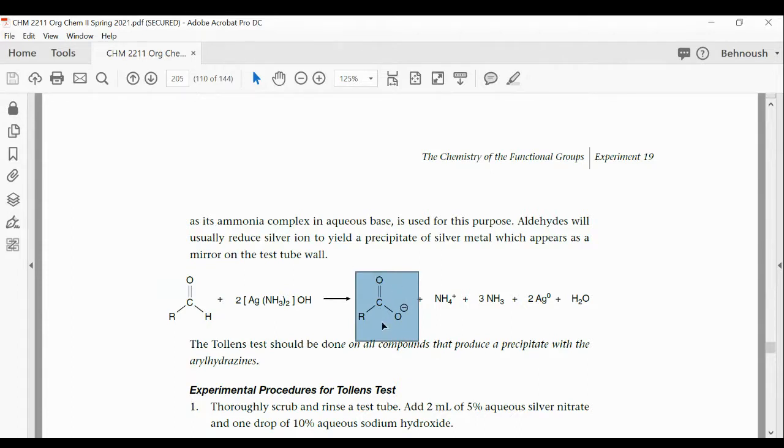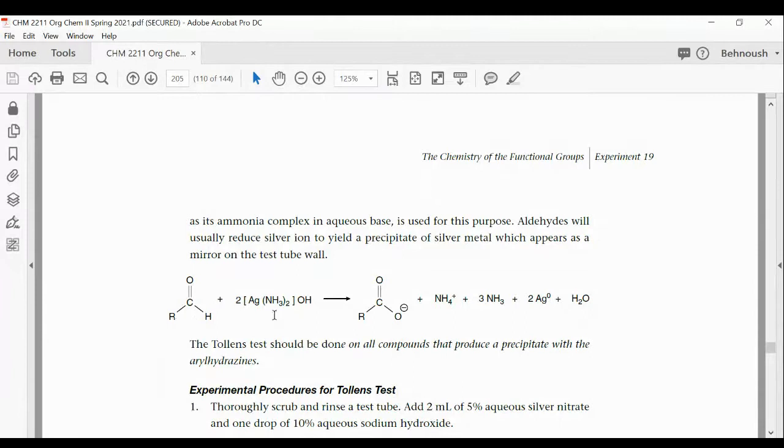If the aldehyde is oxidized, then your oxidizing agent, the silver in the Tollens reagent, is going to be reduced. The silver +1 changes to silver 0, which is a precipitate, and settles on the glass, and we see a silver mirror. So if we have formation of a silver mirror, that means your compound was an aldehyde.